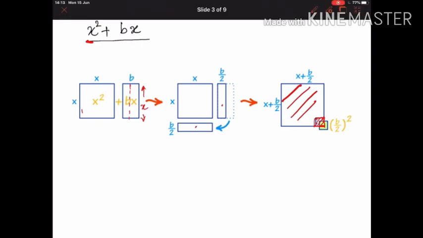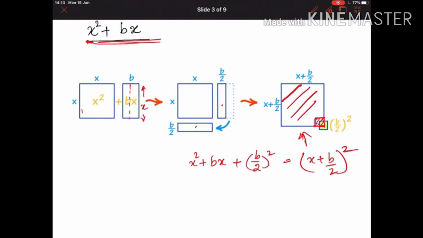We have added b upon 2 whole square to x square plus bx, and now this figure is a perfect square, which is x plus b upon 2 the whole square. So x square plus bx can be made a perfect square if we add b upon 2 the whole square to it.